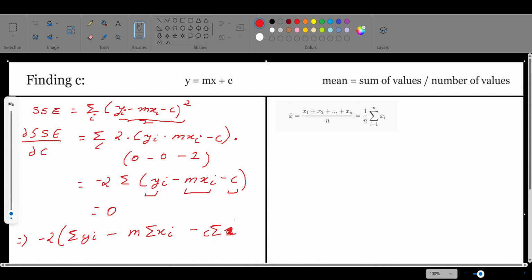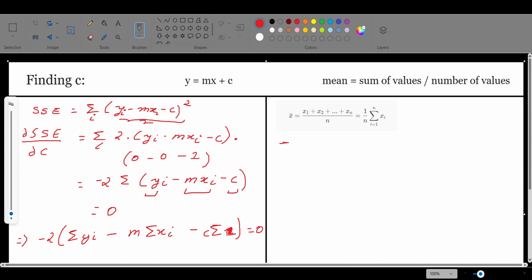Now this is all equal to 0. Now you can divide both sides by minus 2, and you'll get 0 on the right hand side, and the minus 2 will go from the left hand side.